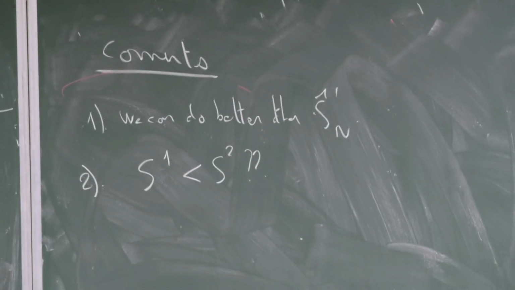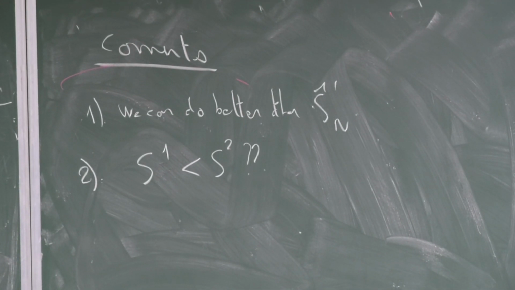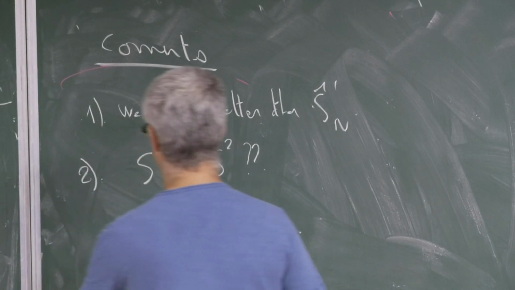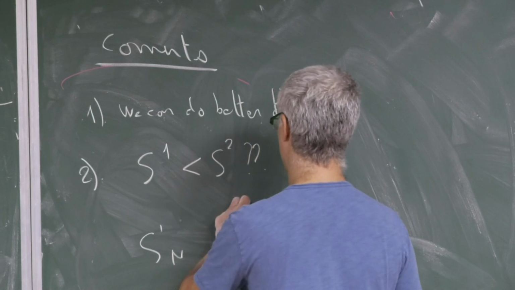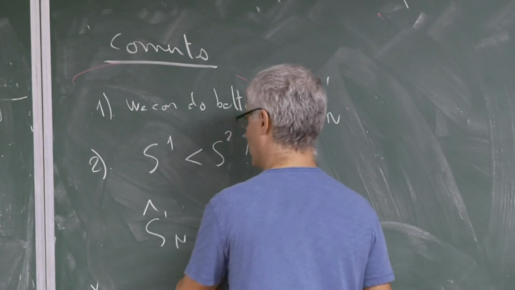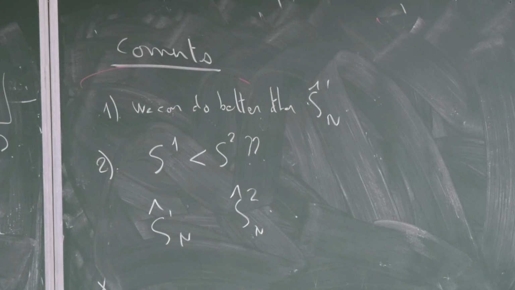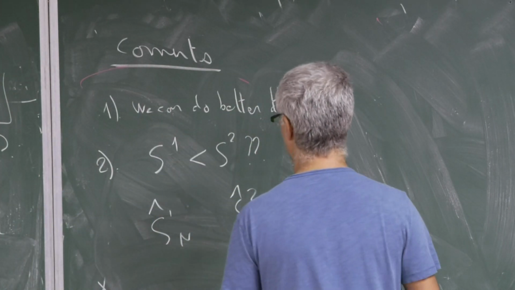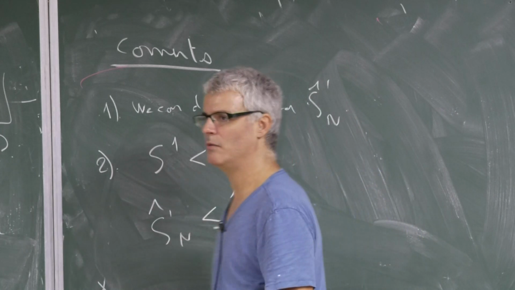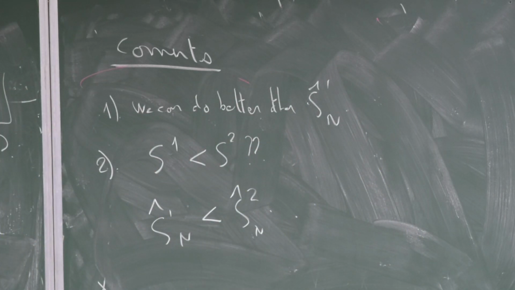And the second comment. Imagine you want to know if, alone, your first variable is more important than your second one. In practice, you cannot compute S1 and S2, so what will you do? You will compute the estimation of S1 and the estimation of S2. Imagine that you find that your estimation of S1 is less than your estimation of S2.